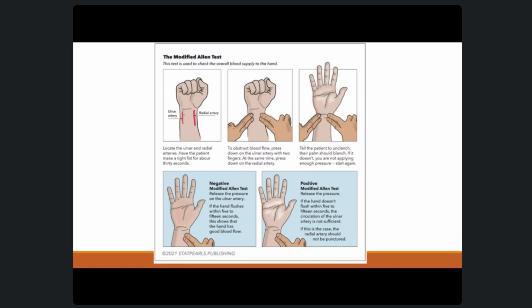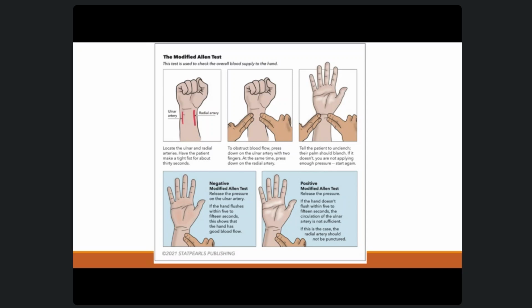So the first to release is the ulnar side. Expect that the redness goes back within 3 to 5 seconds. Okay, so again, you ask them to compress again, ulnar, then radial last.